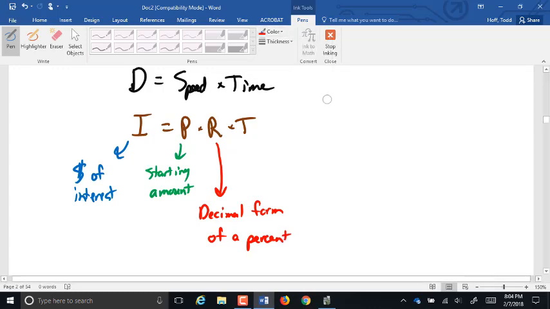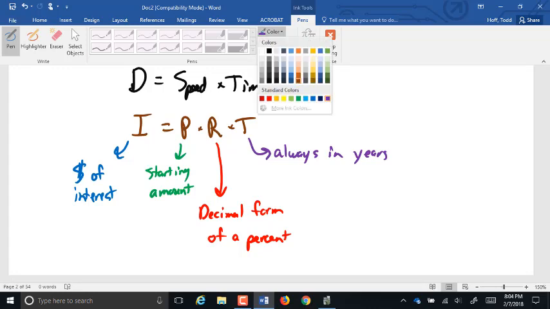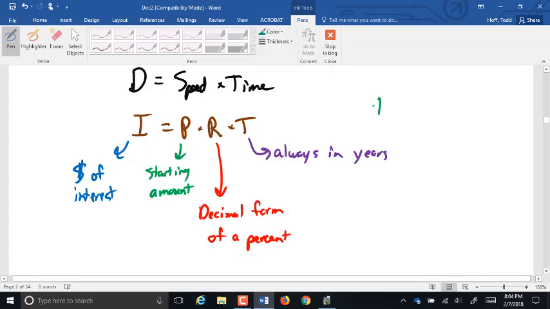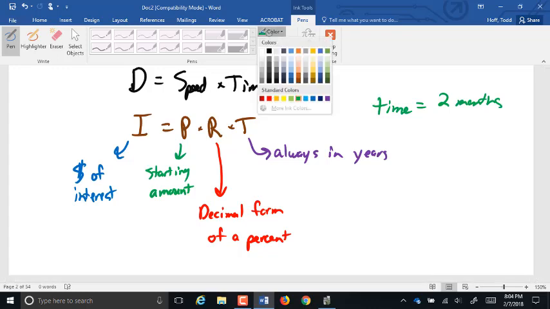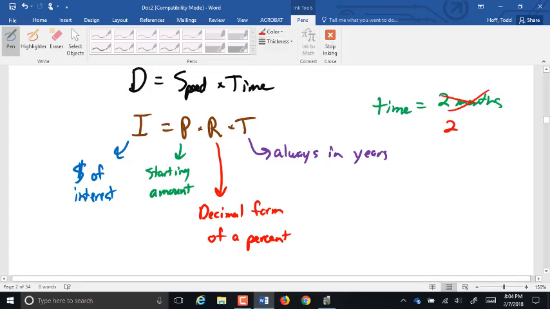And time is always in years. So if you're given a problem where the time is 2 months, you have to make sure you express that as 2/12 of a year.